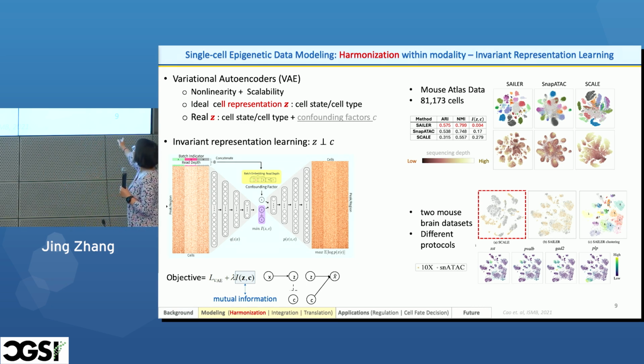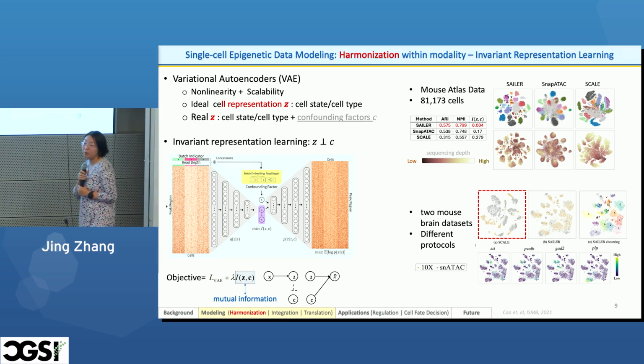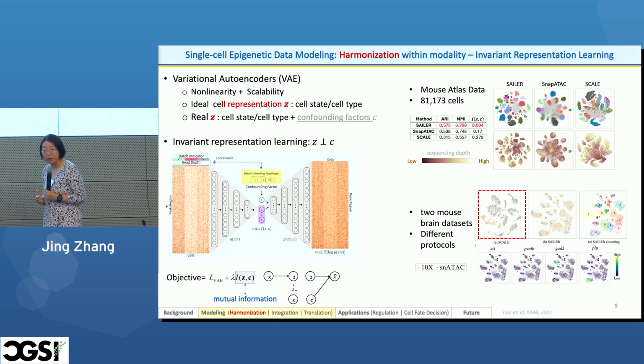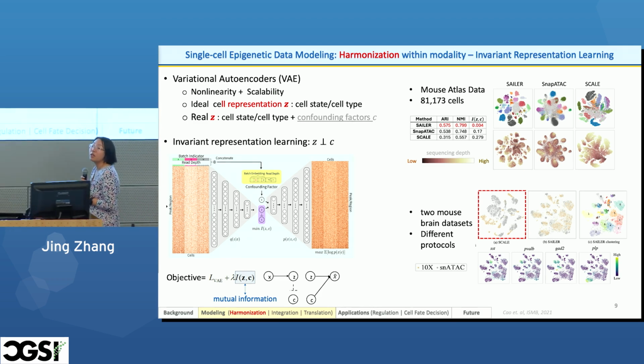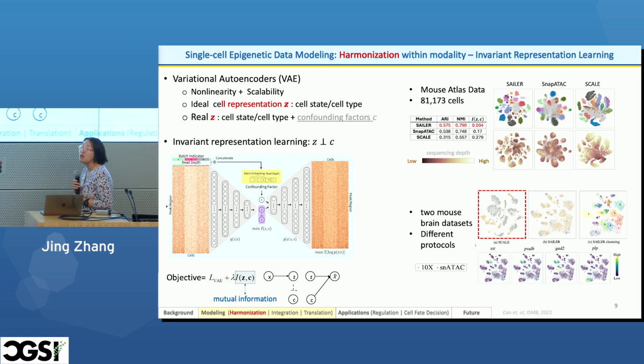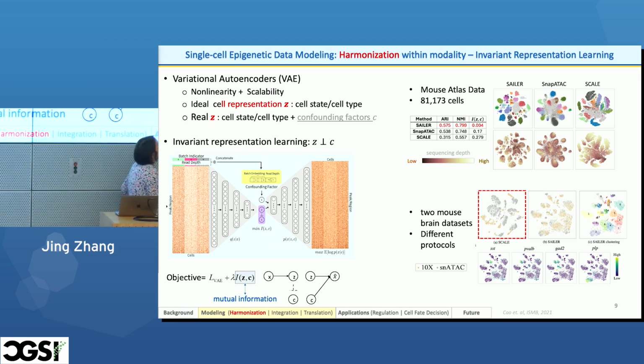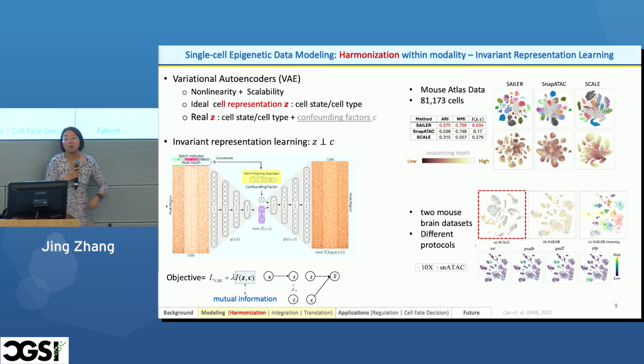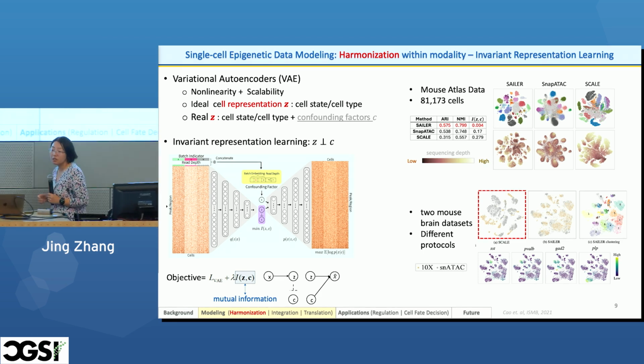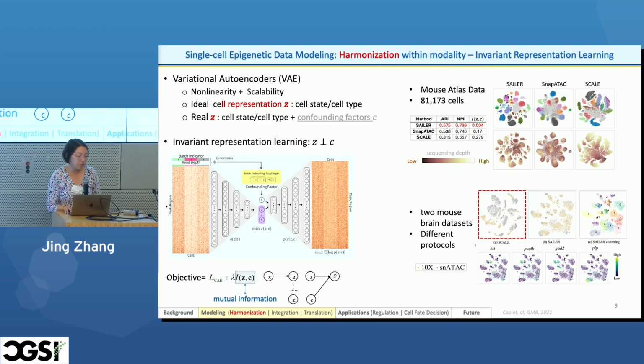And if we look at the canonical marker genes, each separate group, which is harmonized well, has a very high expression of canonical neural marker genes, which means with this simple modification, our data can be harmonized well. So this is our first effort in 2020.